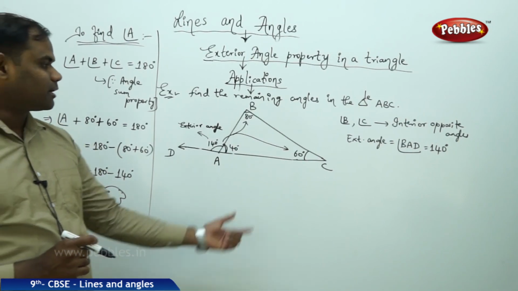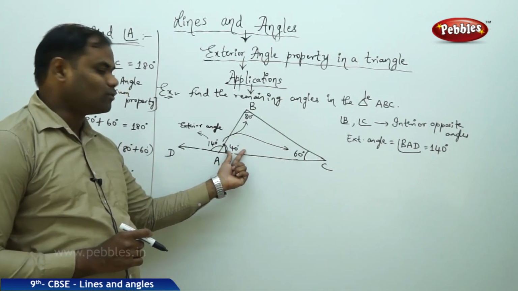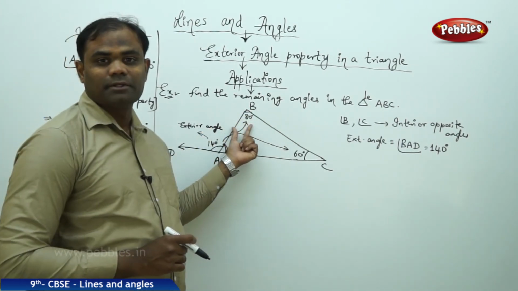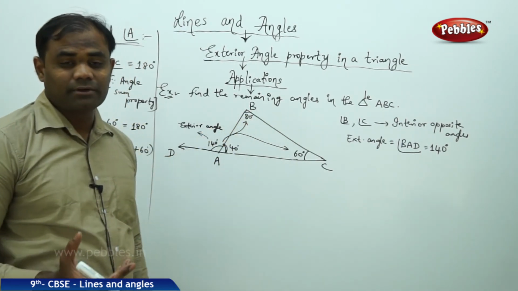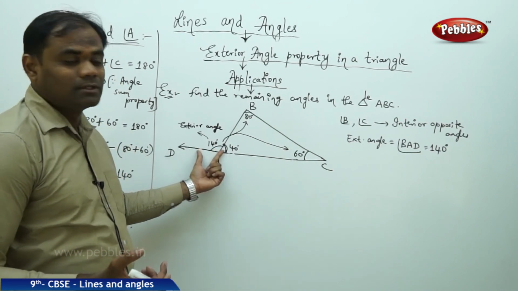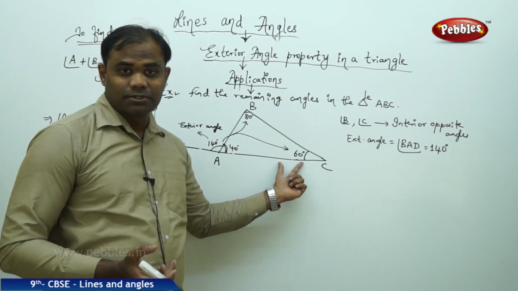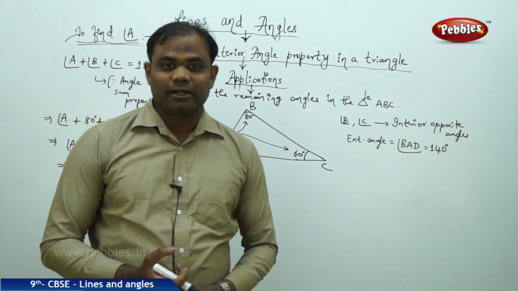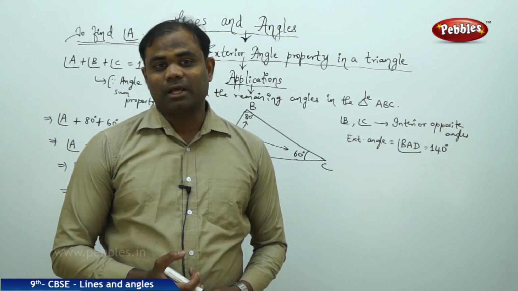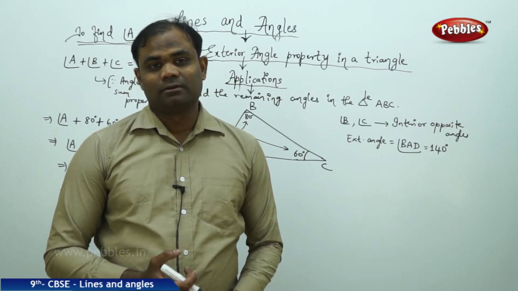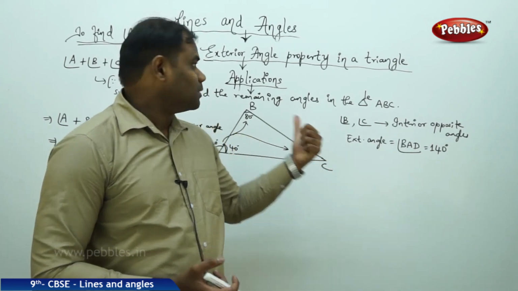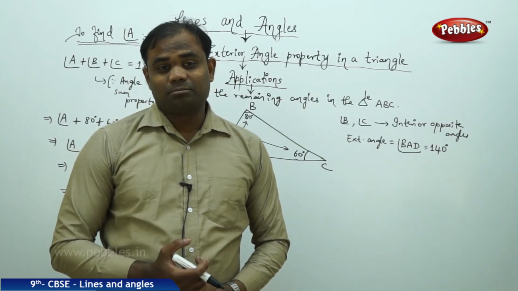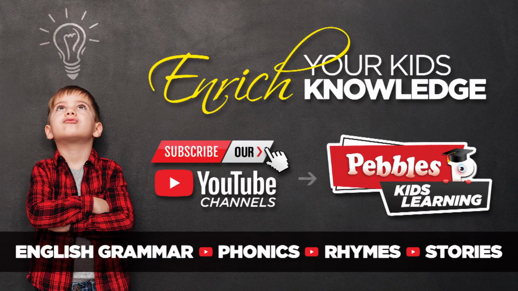Therefore, each angle of the triangle is: angle A equals 40 degrees as found here, angle B is 80 degrees, found using the exterior angle property, and angle C is 60 degrees, given. Using the properties of a triangle, we can find the possible angles in a triangle. This is how we connect applications of the exterior angle property and the angle sum property in the triangle.